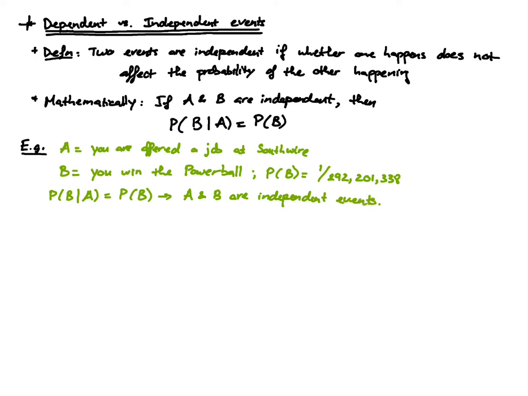It's not like, you get a job and then the probability of you winning the Powerball is different. It doesn't work that way, right? The probability of winning the Powerball is what it is, okay? And at least in this case, it's not affected by whether you get a job or not.